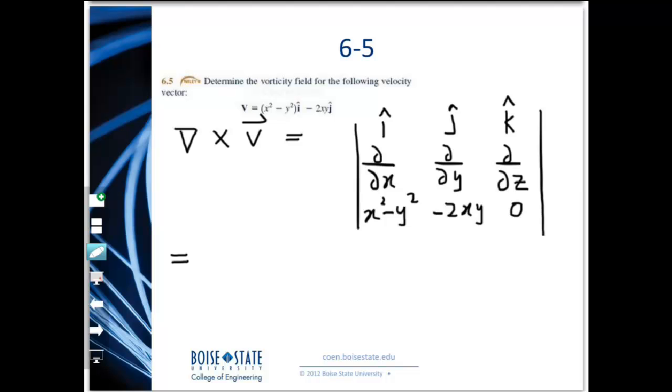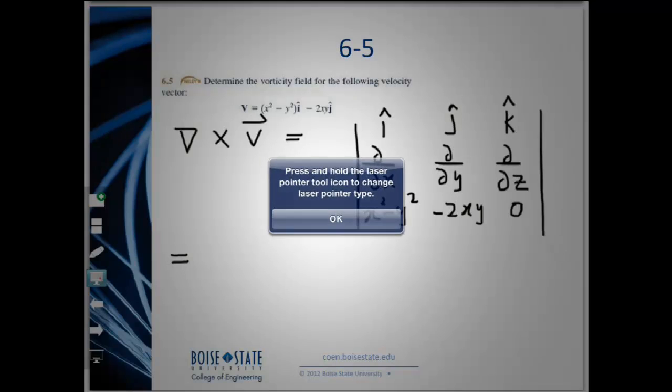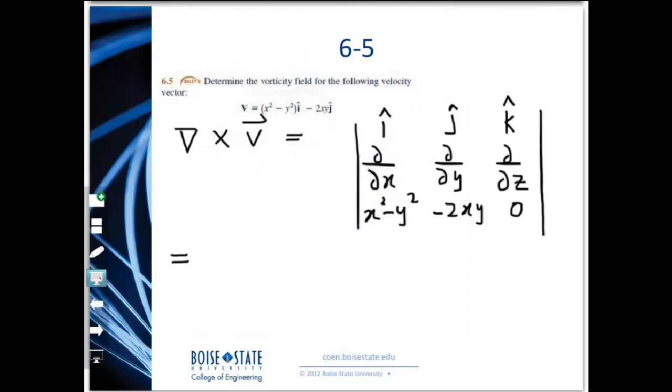So when you want to do the cross product, first you do the i component, so this multiplies with this, which is 0, minus this goes and multiplies with dou by dou z of something which is independent of z, like a constant, so that goes to 0.